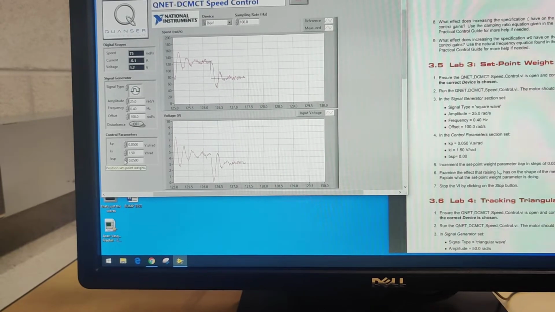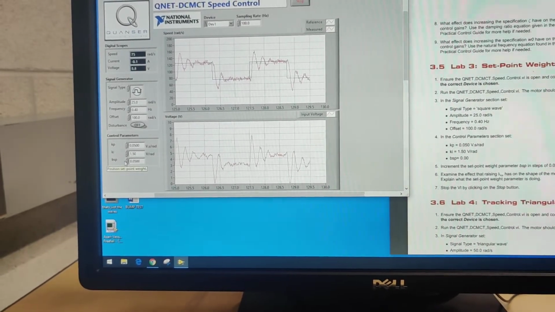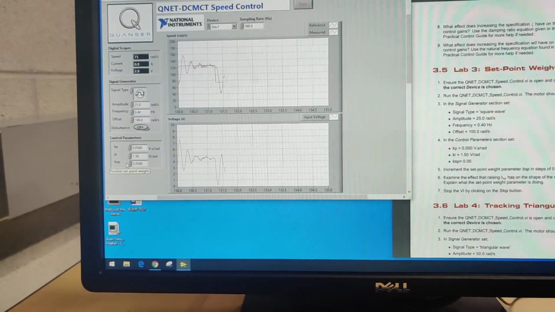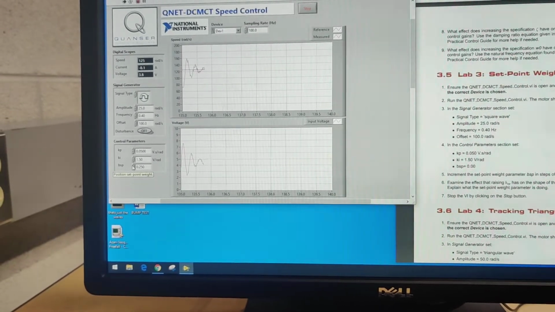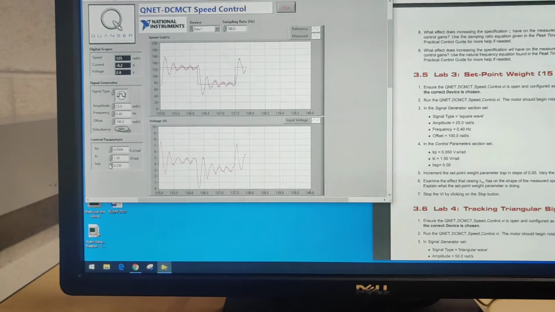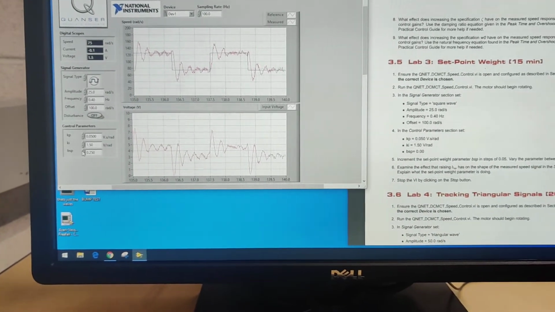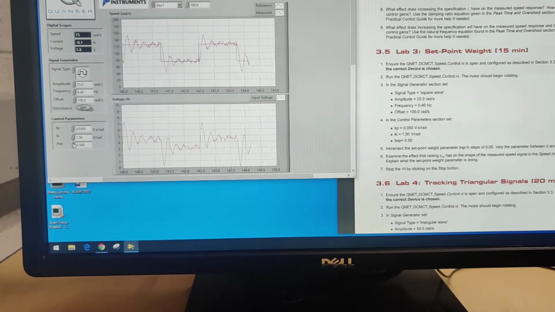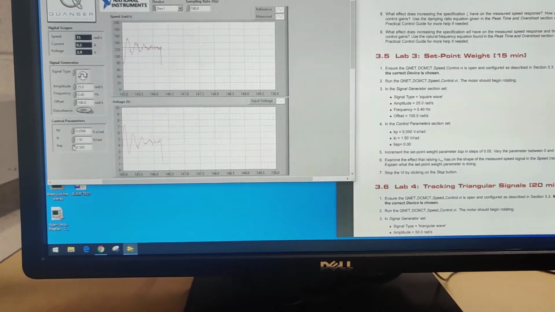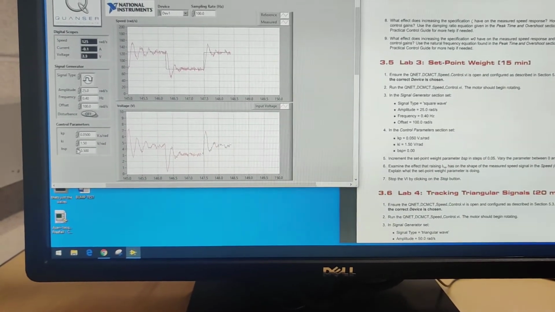Okay, so you need to tell me what changes if you change the BSP. Okay, and set the parameter from 0 to 1.